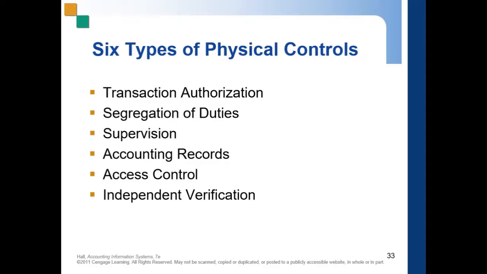Physical controls do not relate to the computer logic that actually performs accounting tasks. That is separate from your IT controls. Rather, they relate to the human activities that trigger and utilize the results of those tasks.